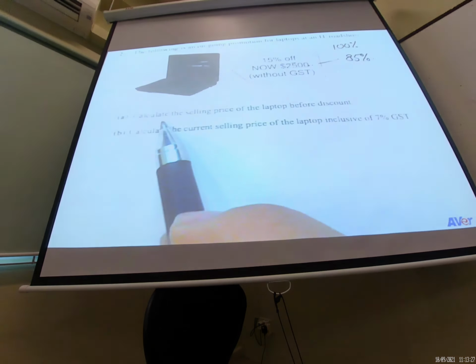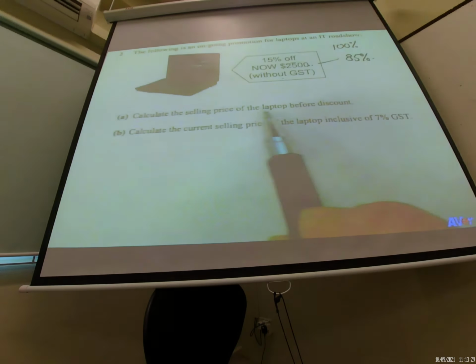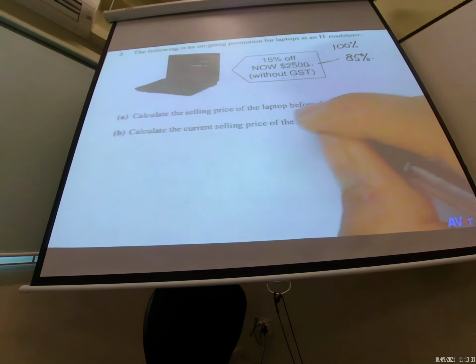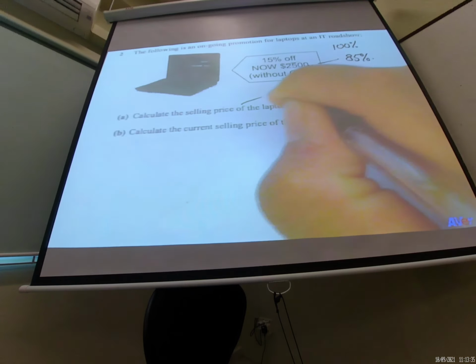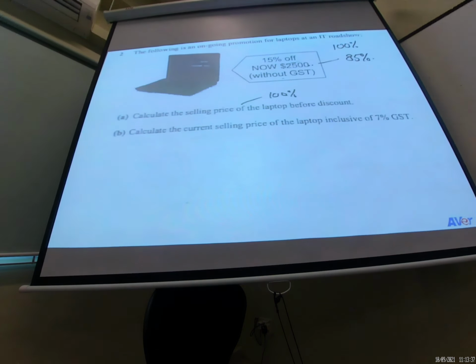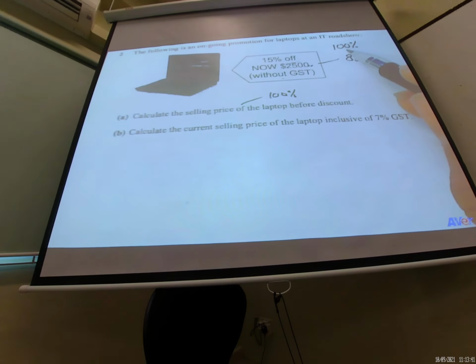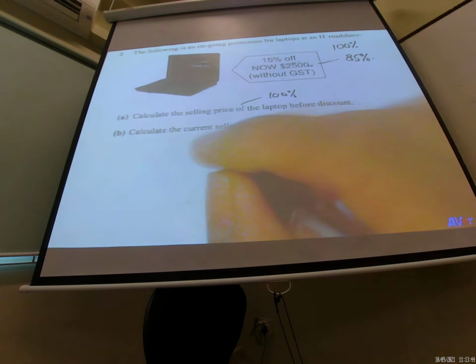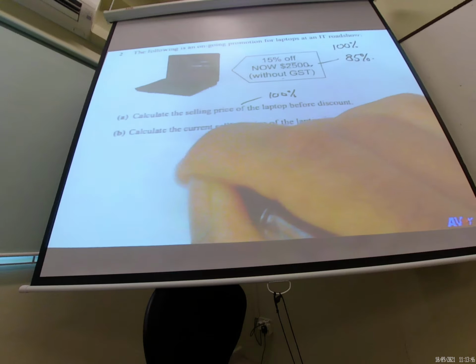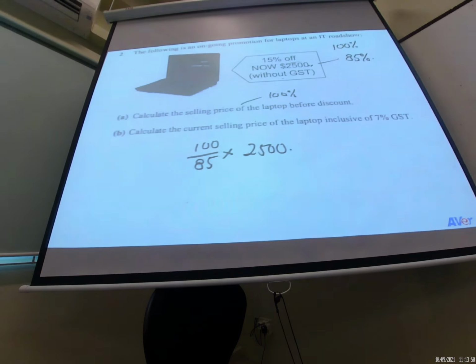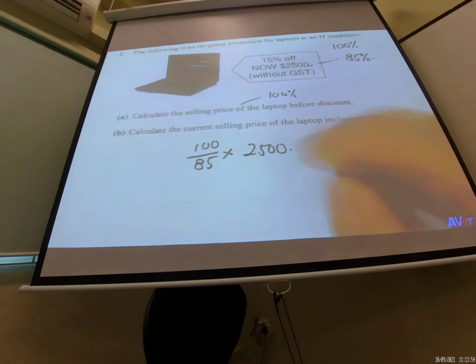Now they ask you to calculate the selling price of the laptop before discount. So before discount means the price at 100%. You know 85% is 2,500, and you are asked to find the price when it is 100%. So 100 over 85 times 2,500 equals.